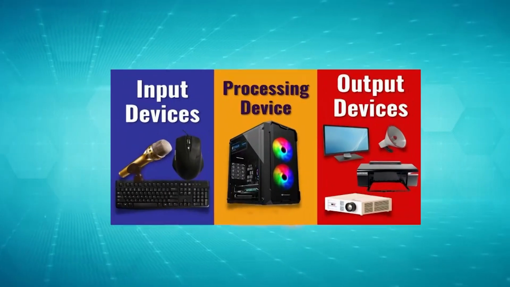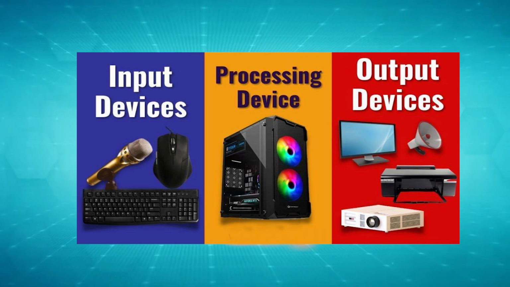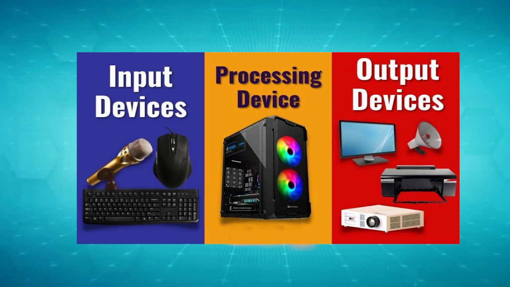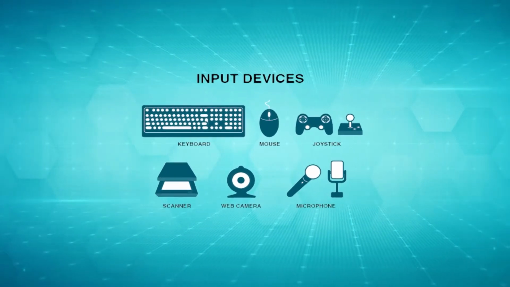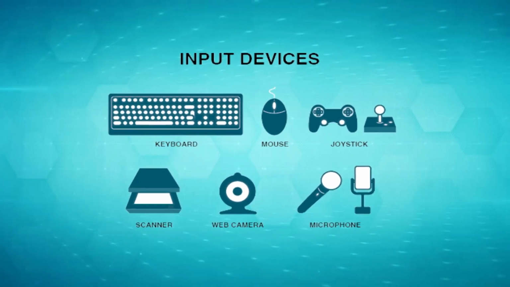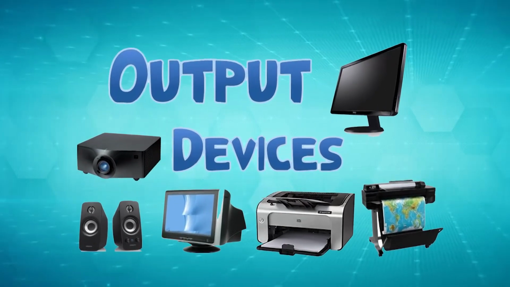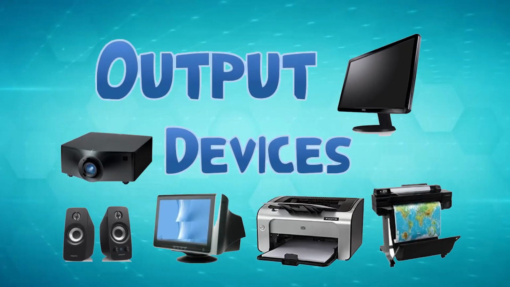A computer has three components. One is the input device, another is processing, and the third one is the output device. Input devices like keyboard, mouse and touch screens are things which many of us are well aware of and have experience with. By these input devices we give the command, we give the program to the computer, and after processing by the CPU, there are output devices where we can explore this output data.